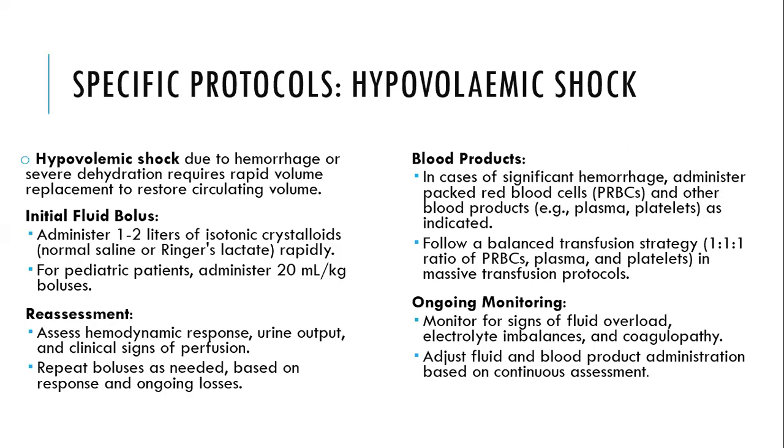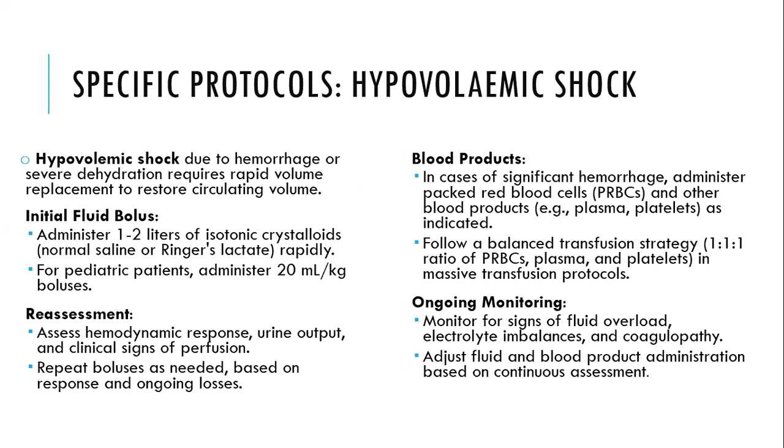And like I mentioned before, the size of your catheter, in terms of the length and the radius, is important. You want to administer 1 to 2 liters and assess hemodynamic response. Sometimes, if it's due to hemorrhage, obviously you want to administer your packed red cells to correct the hemorrhage.